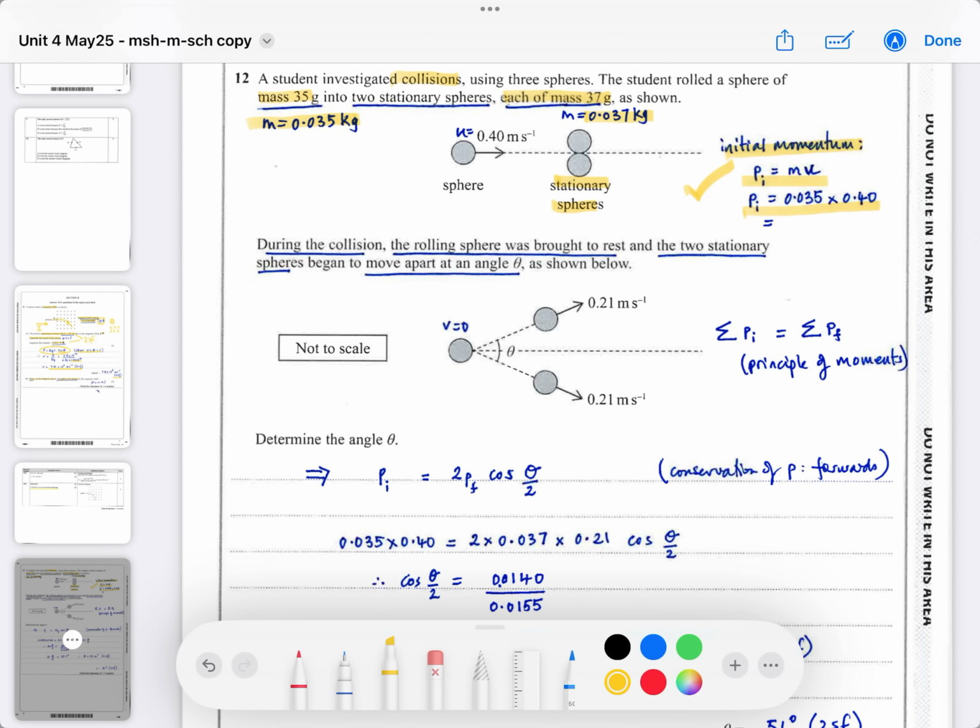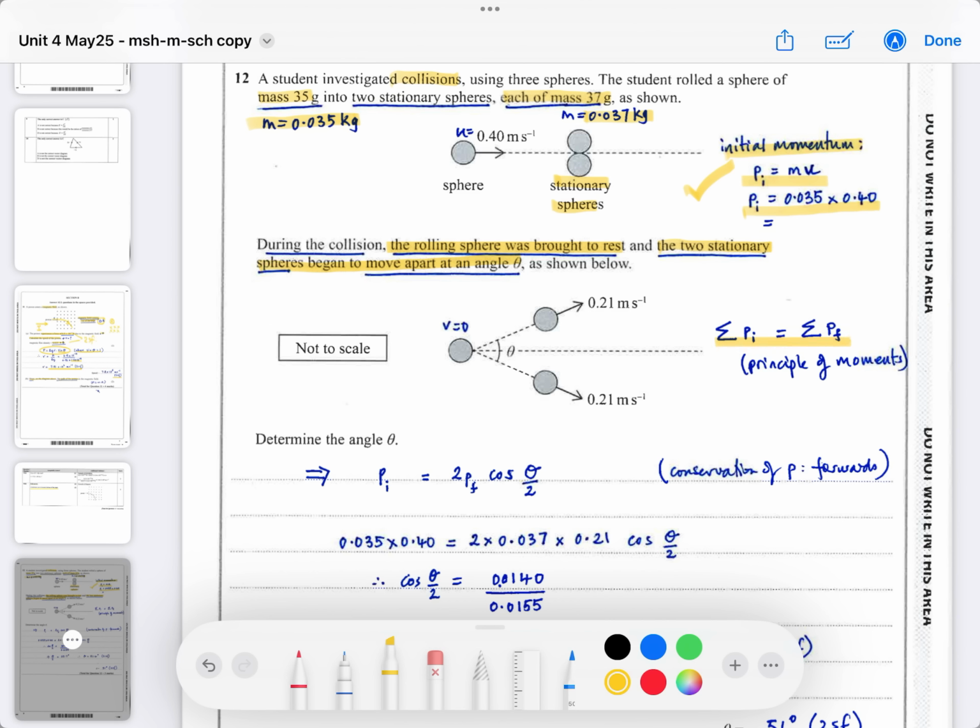During the collision, the rolling sphere was brought to rest, so it loses all of this momentum that we just showed above, and the 2 stationary spheres begin to move apart at an angle theta, and presumably if it hits them with equal impact, the theta will be half on each side of the horizontal dotted line. So the principle of moments is what you've got to use.